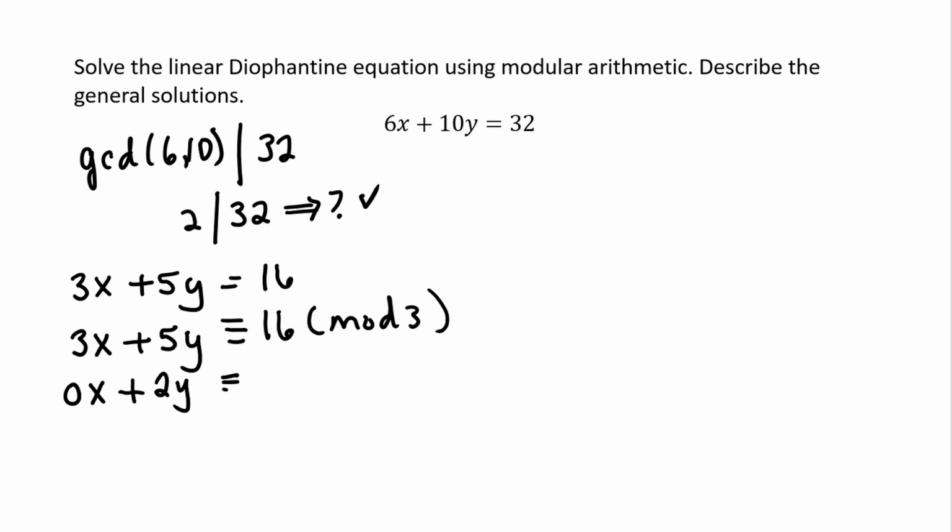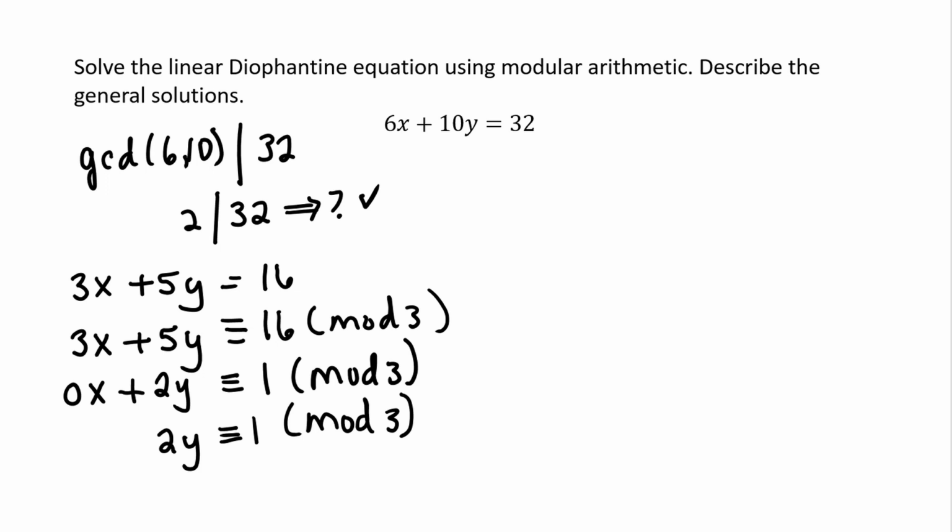So we got 2y. And 16 divided by 3. Okay, so 3 goes in there 5 times, so 16 minus 15, the remainder is 1, so that's congruent to 1 mod 3. So continuing, I will have 2y congruent to 1 mod 3.